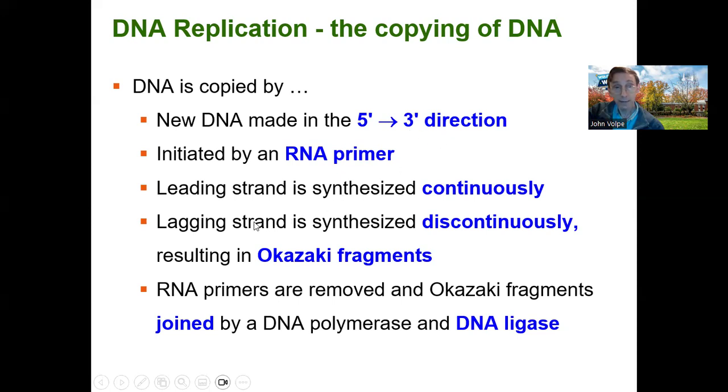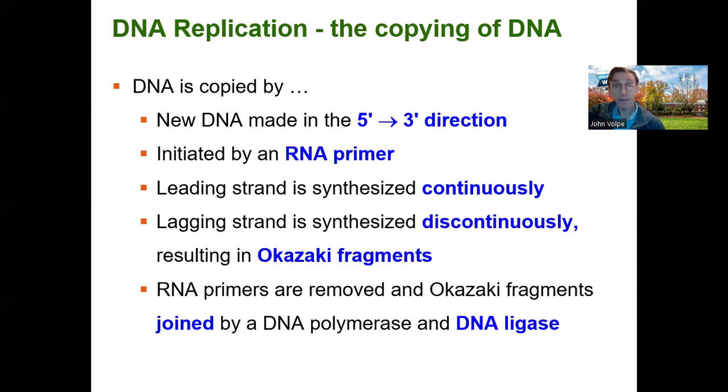The other strand, the lagging strand, is synthesized discontinuously and is made backwards to the 5 to 3 prime direction, resulting in many Okazaki fragments. The Okazaki fragments, as well as any gaps in the leading strand, are then joined together by DNA ligase.